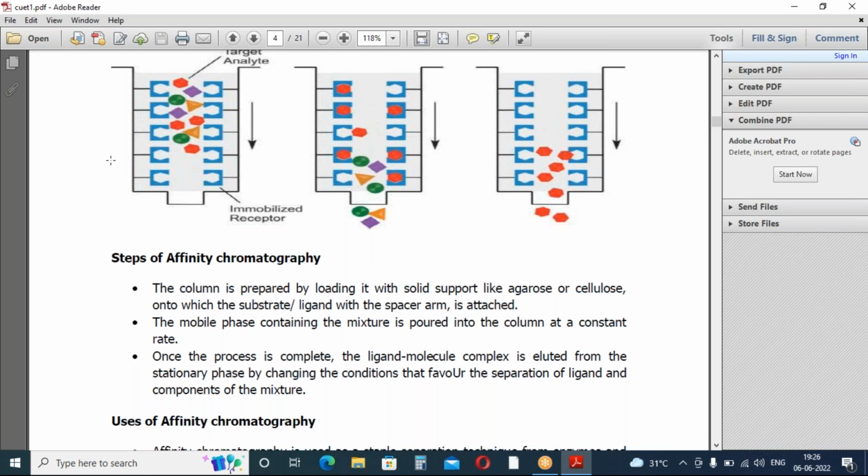Why are we using the spacer arm? What is the main function of the spacer arm in affinity chromatography? This is also one type of question. What is the purpose of this spacer arm? Anyone, can you guess?